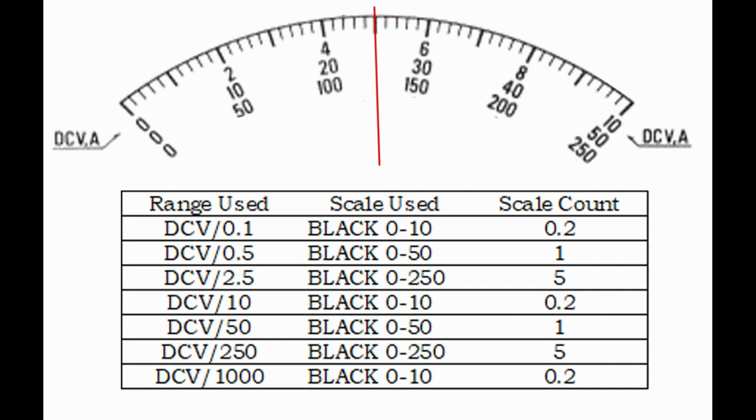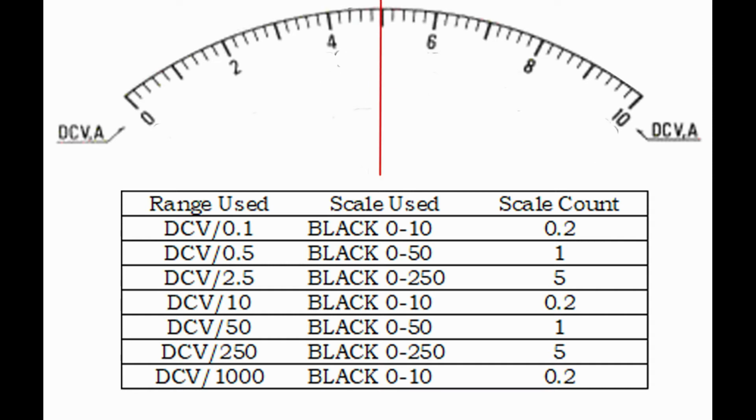So our pointer points on the fifth line. Let's count from 4: 4, 4.2, 4.4, 4.6, 4.8, and 5. Between 4 and 6 is 5. That is why the scale count of our 0 to 10 scale is 0.2.